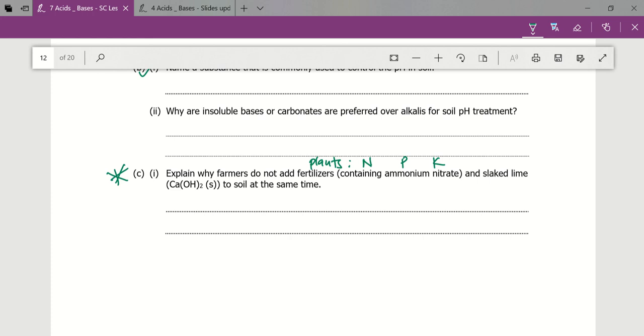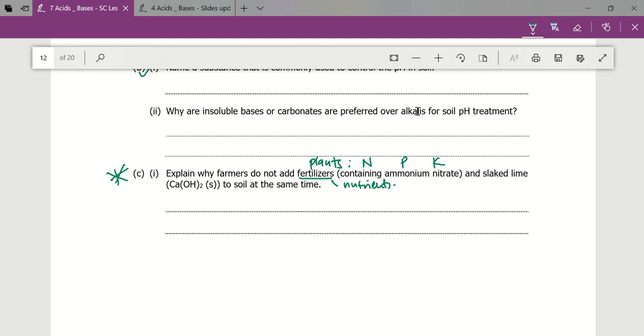Hence, in many of the fertilizers, you would notice that they contain chemicals that contain the element nitrogen, phosphorus, or potassium. So this is for fertilizers, for plants to have their nutrients.